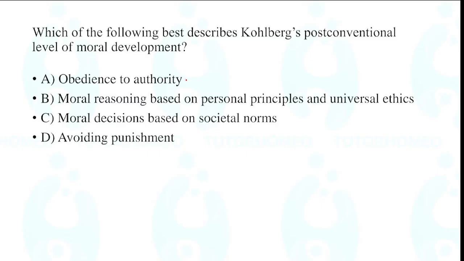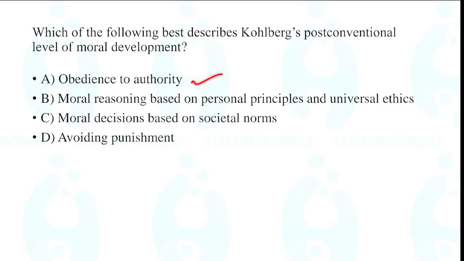We have obedience to the authority, moral reasoning based on personal principles and universal ethics, moral decisions based on societal norms, and avoiding punishment. See, avoiding punishment, we already know comes under the pre-conventional. Societal norms, that is law and order, good boy attitude, all those come under the conventional one.